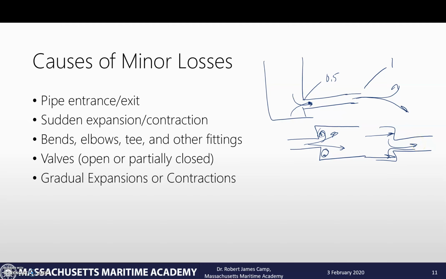Bends, elbows, tees, other fittings, those kinds of things will mess around with the kinetic energy. Valves obviously will, depending on how they're put together. And gradual expansions and contractions, even though they're a lot gentler and kind of just easily take it, you still have kinetic energy loss through there, and you have to account for that.